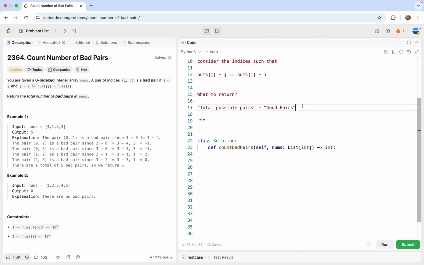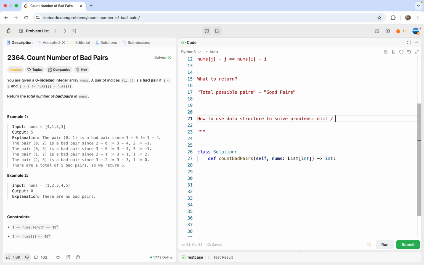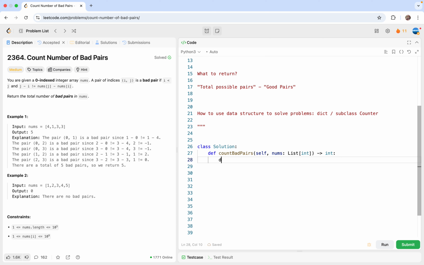Again, here I want to demonstrate how to use a data structure to solve the problem. I'm going to use a dictionary. Actually, what I want to use is a subclass called Counter, from collections. Instead of defaultdict, I'll just use Counter, which will be sufficient.